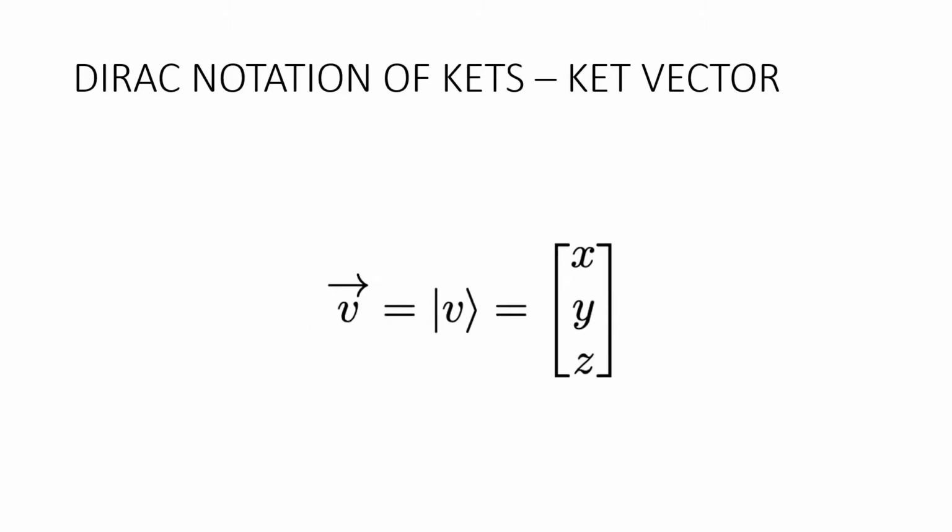We will discuss Dirac notation of kets, that is the ket vector. The ket vector is an abstract entity and serves to describe the state of the quantum system. We say that a physical system is in a quantum state, where the state represents some physical quantity such as momentum, spin, etc., when represented by the ket.